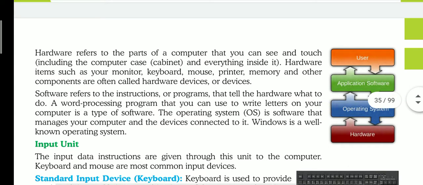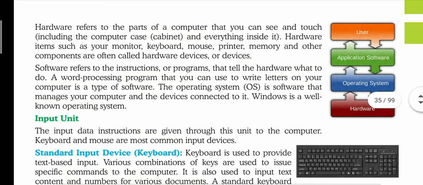Hardware refers to the parts of a computer that can be seen and touched. Hardware items such as your computer, monitor, keyboard, mouse, printer, memory and other components are often called hardware devices or devices. Software refers to the instructions or programs that tell the hardware what to do.